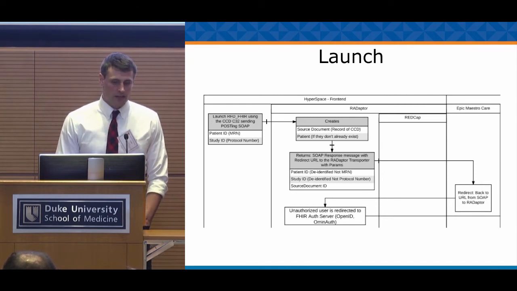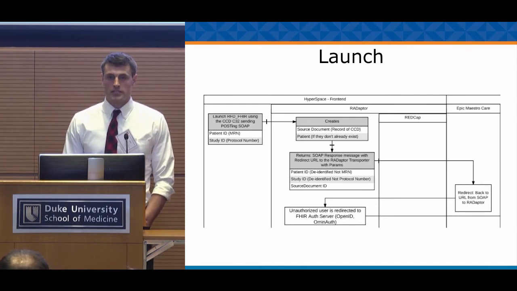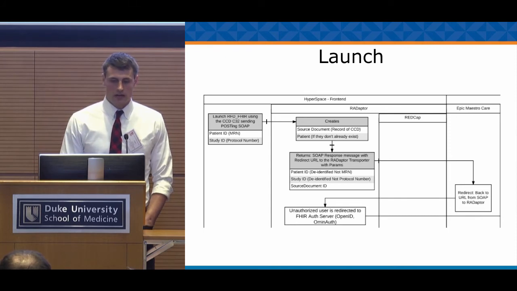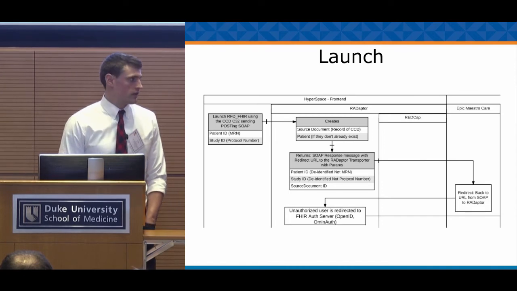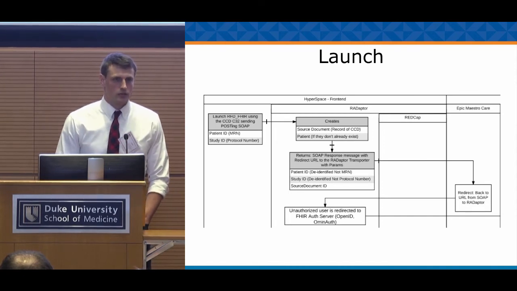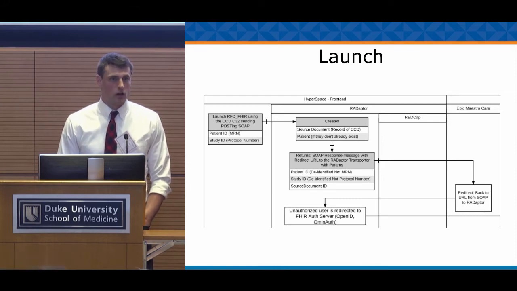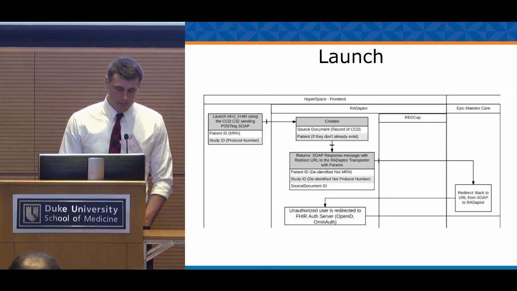And the way that we were able to get the data is we harvest it from the CCD. We record it in our middleware, and then we're able to gather the data after they've already been authenticated. So we know who the user is, and we know that that user has access to that study because they've been launched from that standpoint. And also we know the patient belongs to the study.